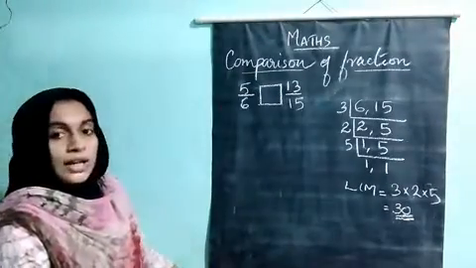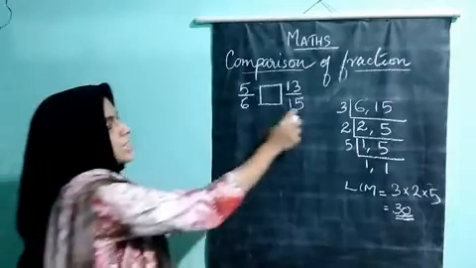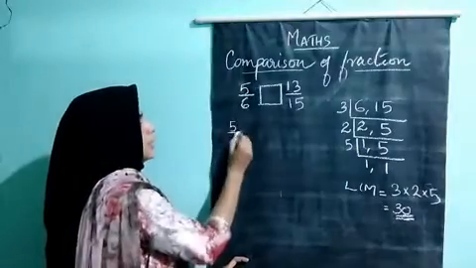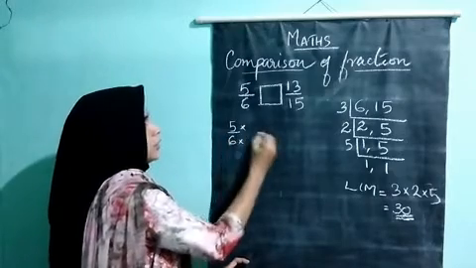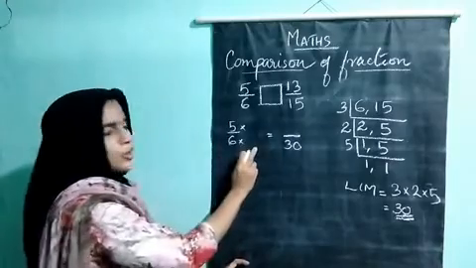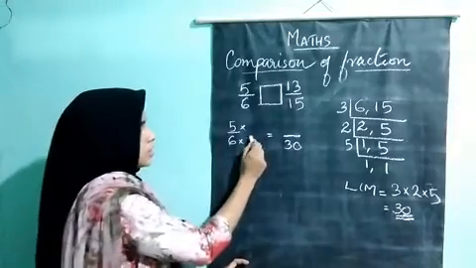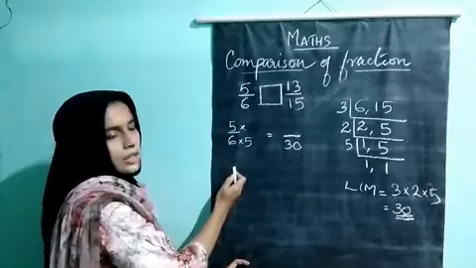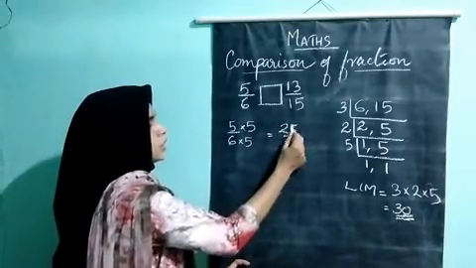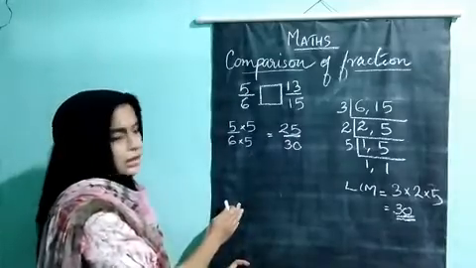We are going to convert these fractions' denominators to 30. So 5 by 6 we need to convert to 30. 6 into which number is 30? 6 into 5, 30. Numerator also multiply with the 5. So 25 by 30.